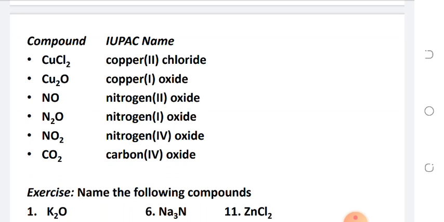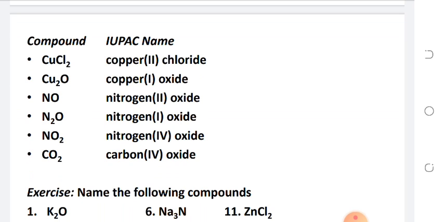So to specify which particular oxidation state of copper you are referring to in that particular compound, you have to put the oxidation number of the element inside the bracket as Roman figure there. So you have copper(II) chloride as the first compound there. We can also have copper(I) chloride, but to specify whether it is copper(I) chloride or copper(II) chloride that you are talking about, that is why you have to put the oxidation number of copper there. Then you have copper(I) oxide, that's Cu2O.